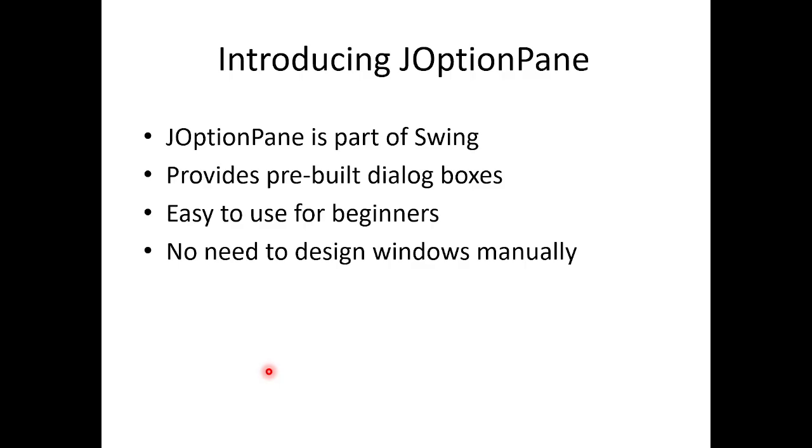Let's start with the important one, which is JOptionPane. Under JOptionPane, we can create pre-built dialog boxes, and it is simple to design. You can begin with simple coding and there is no need to design the windows manually.